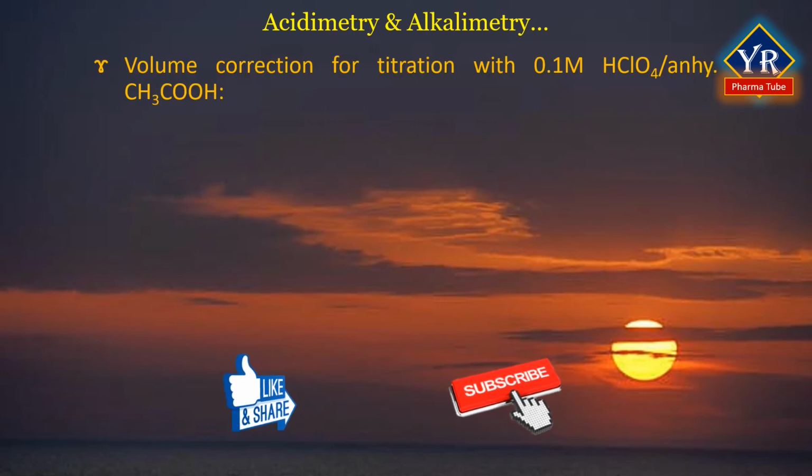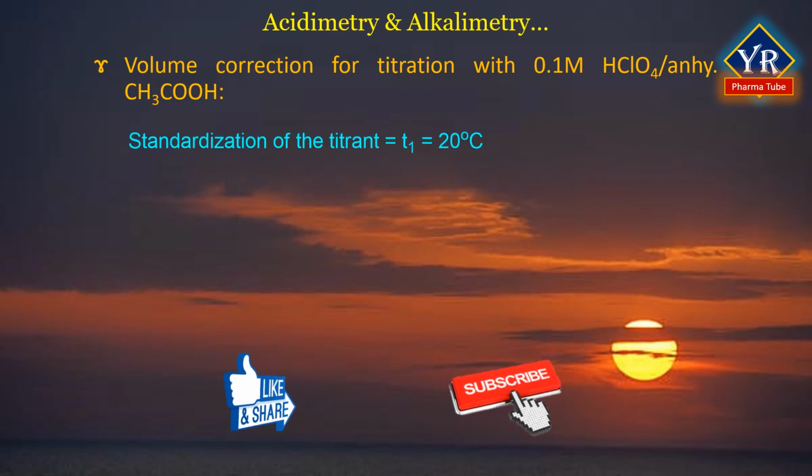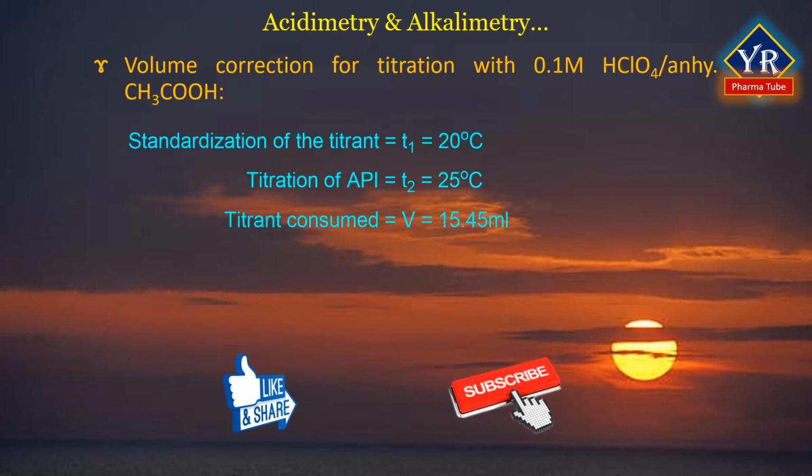Volume correction for titration with 0.1 molar perchloric acid in anhydrous acetic acid. Suppose that standardization of the titrant is at a temperature of 20 degrees centigrade. Subsequent titration of active pharmaceutical ingredient is at 25 degrees centigrade and one of the titrations consumed 15.45 ml of titrant.